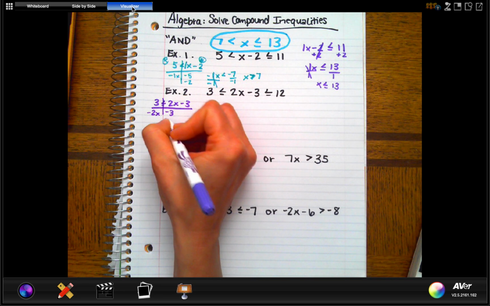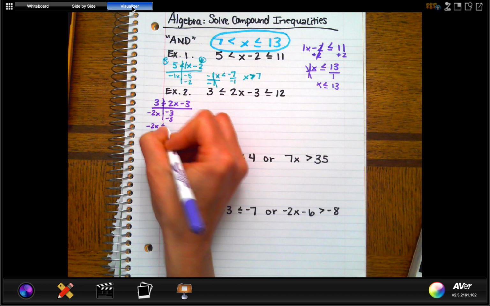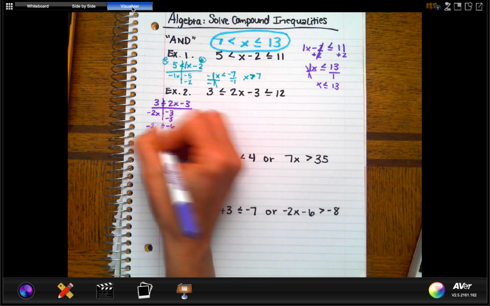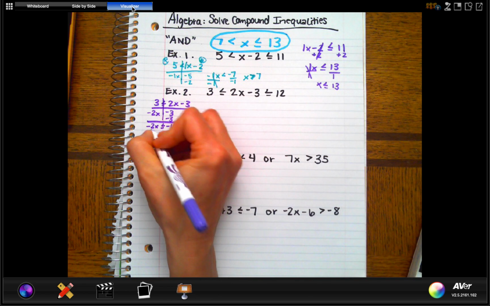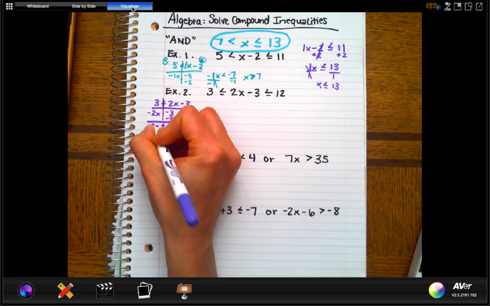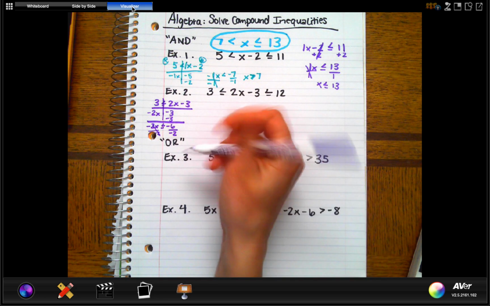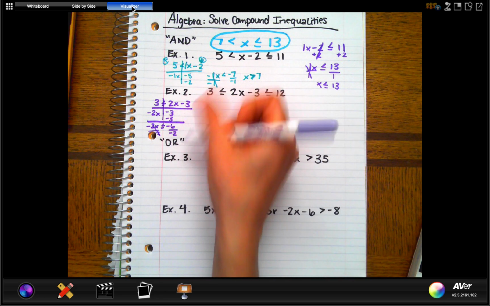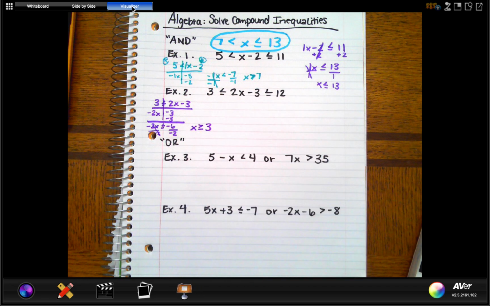This negative 3 comes down, and you get negative 2x is less than or equal to negative 6. Then we still have to go one more step, and that is to divide by negative 2. You have to flip the inequality because you divided by a negative. So x is greater than or equal to 3 on this side.